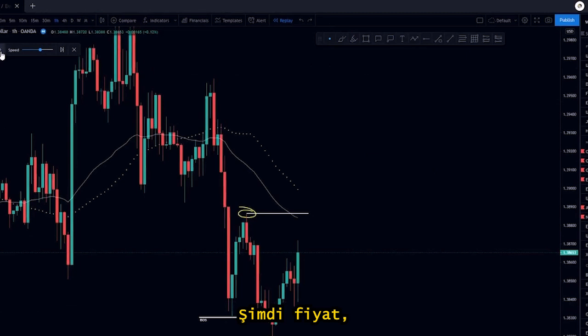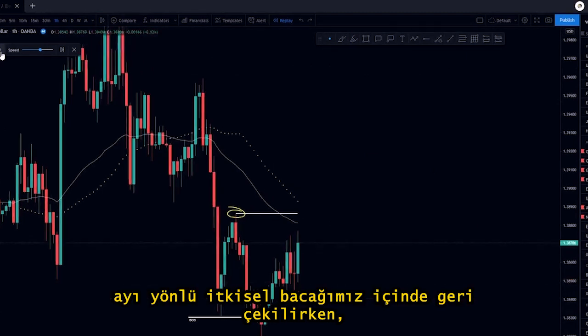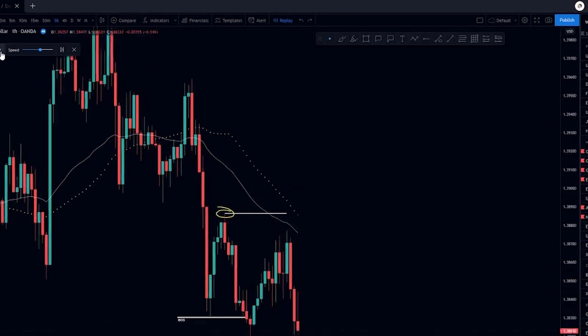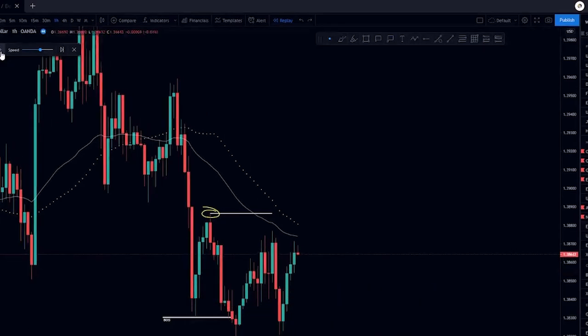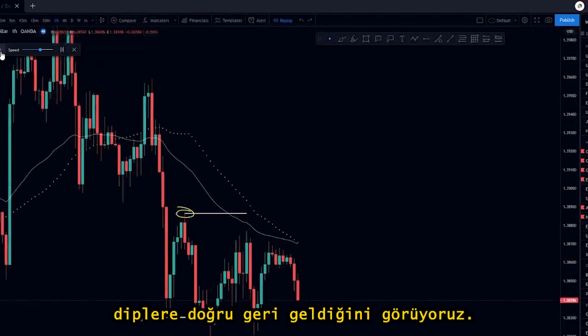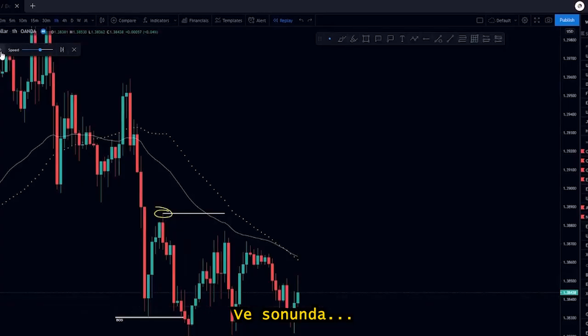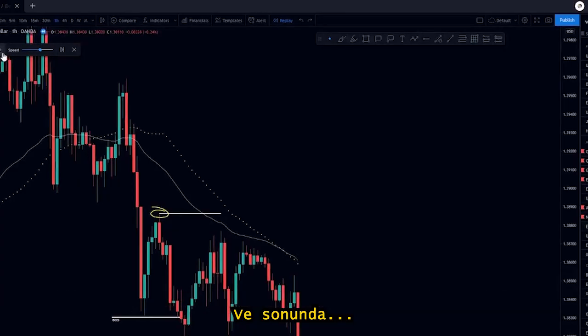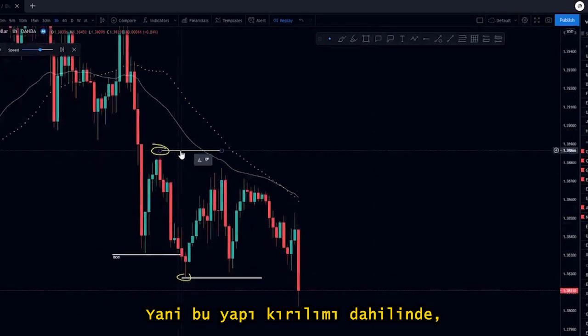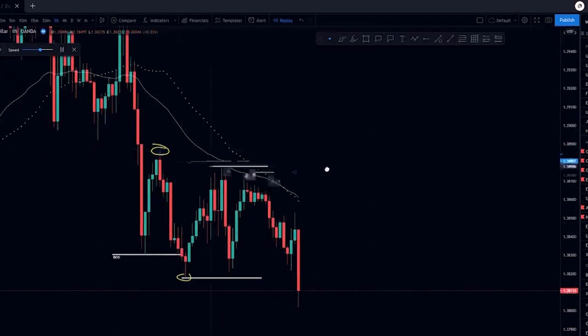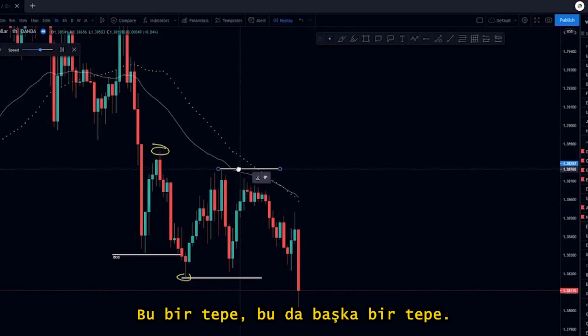Now as price pulls back within our bearish impulsive leg, we see price almost revisiting the highs, coming back towards the lows, and then eventually creates a break of structure. So within this break of structure, we can identify this is a high, this is somewhat of another high.